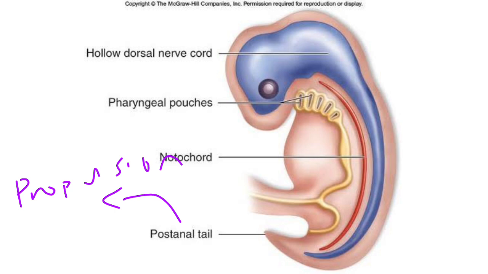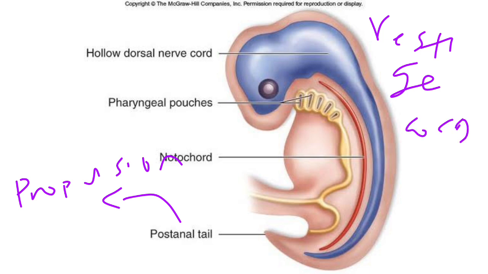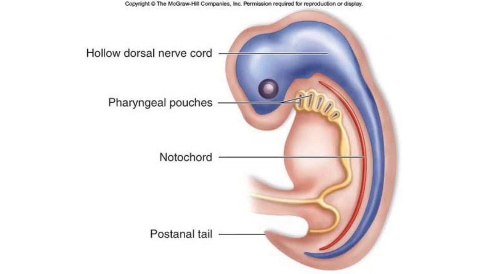In some it becomes vestigial, meaning it becomes reduced. Like in humans, we have a post-anal tail during our own development, but it becomes vestigial. It becomes shortened to the extent that it fuses together to form what we know as the coccyx, the tailbone.